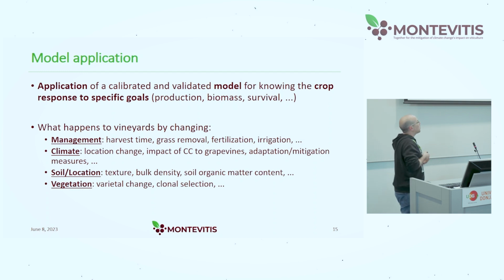Also changes in the climate, for example, considering the climate projections, or if we change the location of the plant, considering that, due to climate change, plants are now more stressed than some years ago, and it also links to the last point I put here, the varietal change. If I cannot keep the variety here because it's stressed, which is the best variety to substitute the other one?